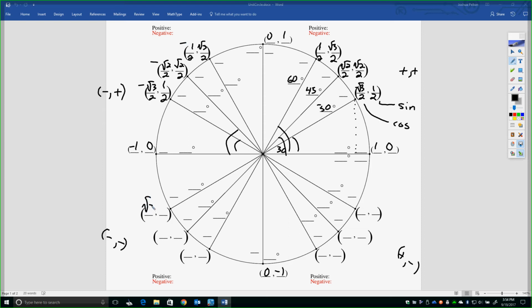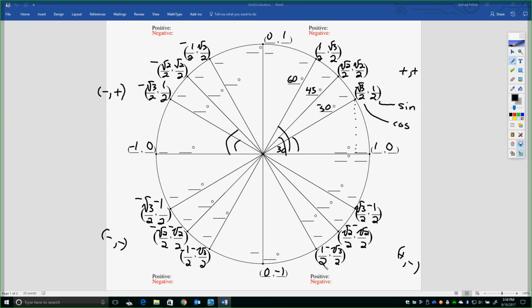So again, root 3 over 2, 1/2, negative negative; root 2 over 2, negative negative; and 1/2, root 3 over 2, negative negative. And lastly, root 3 over 2, 1/2 with the second one negative; root 2 over 2, root 2 over 2 with the second one negative; and 1/2, root 3 over 2 with the second one negative.